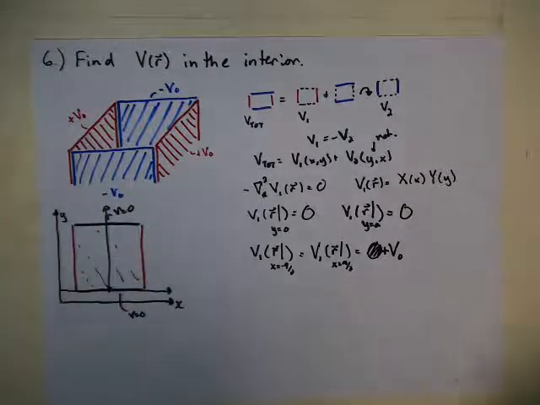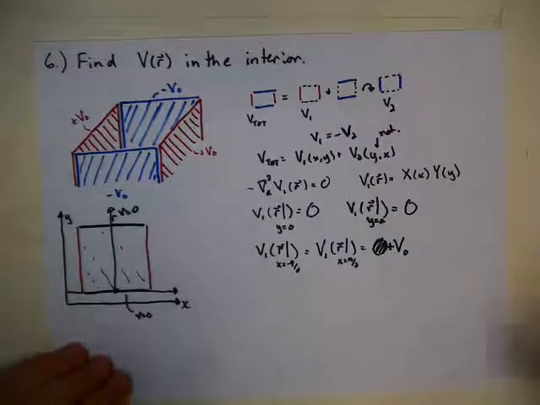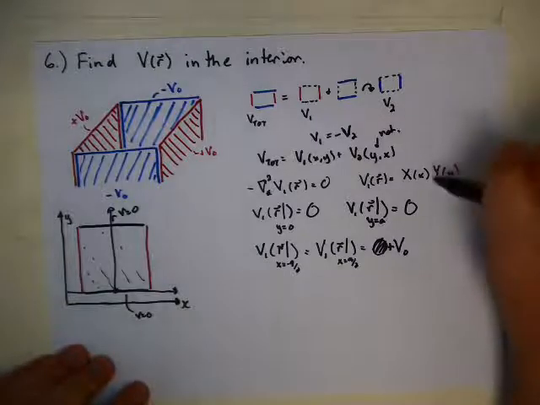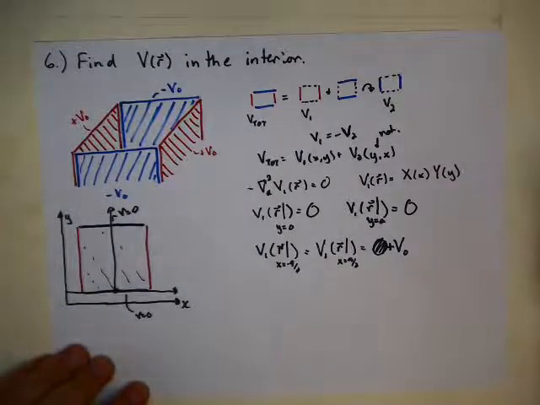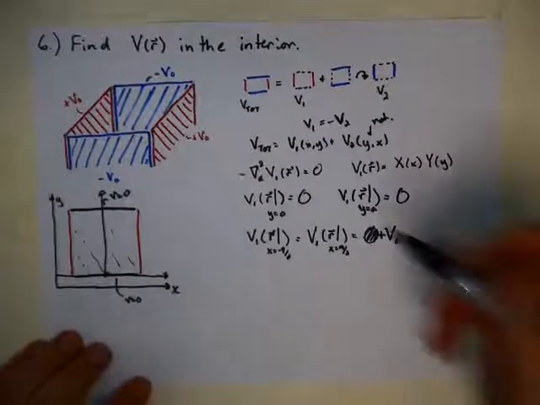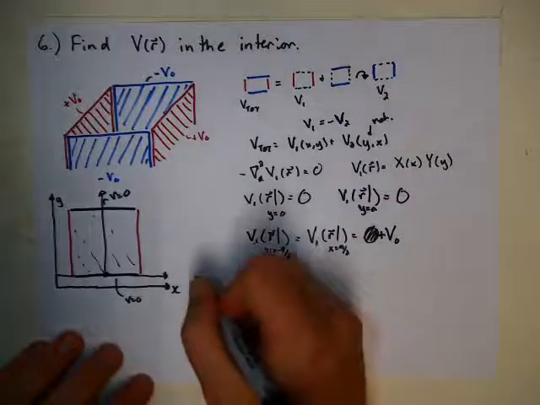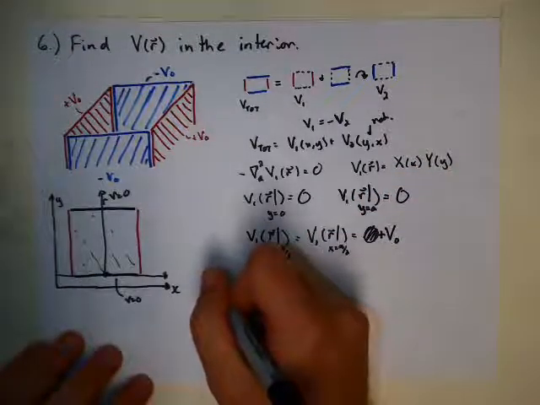Now I've written down the boundary conditions and the problem, and I can start the actual analysis. When I take this separation of variables condition and plug it into Laplace's equation, I get two equations out, one for x and one for y.